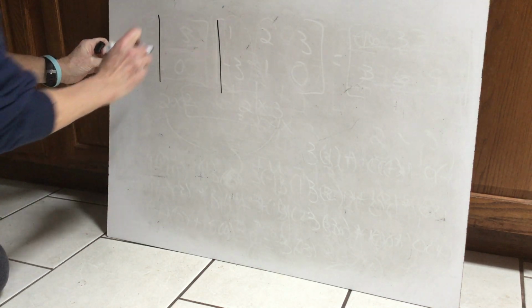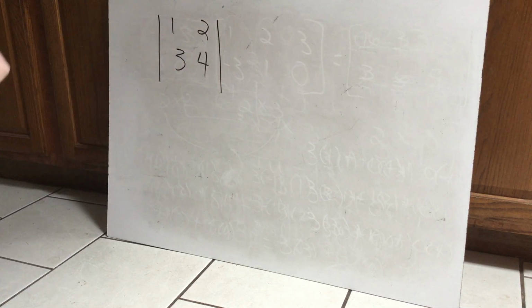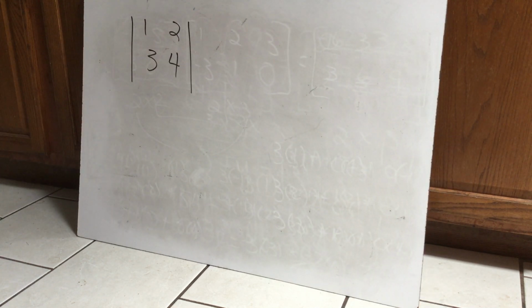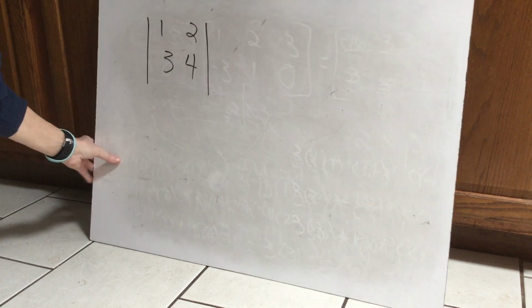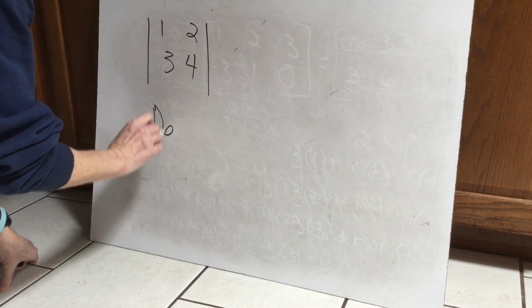They look like absolute value, don't they? When you see that, that tells you that you are evaluating a determinant. Okay, we're evaluating a determinant.